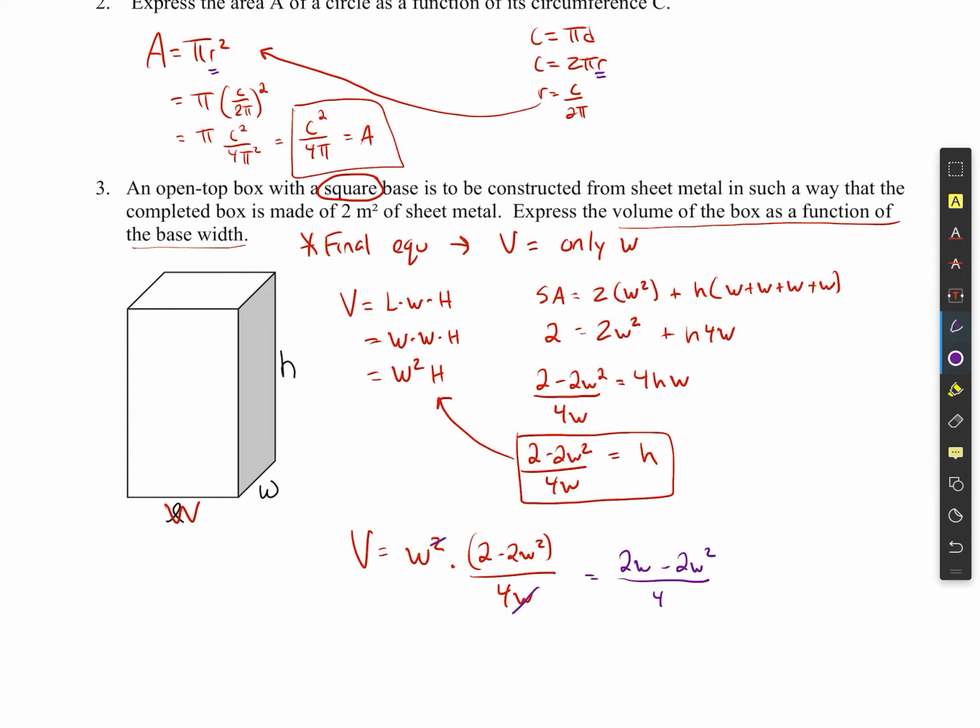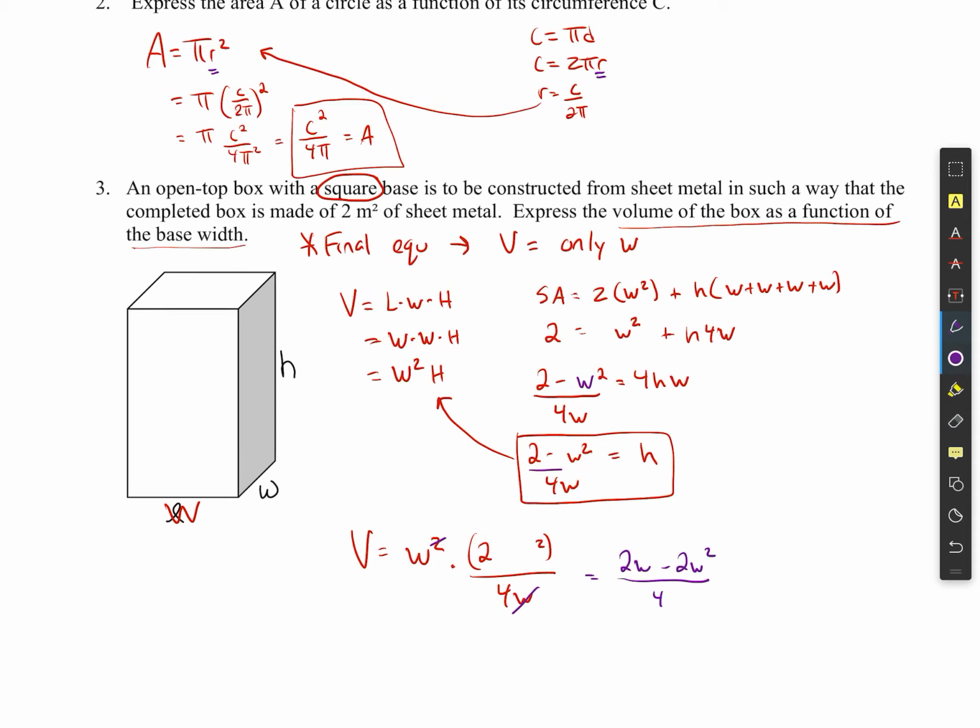I see my error. It's an open box top. So that 2 is gone. All right, let me fix this.